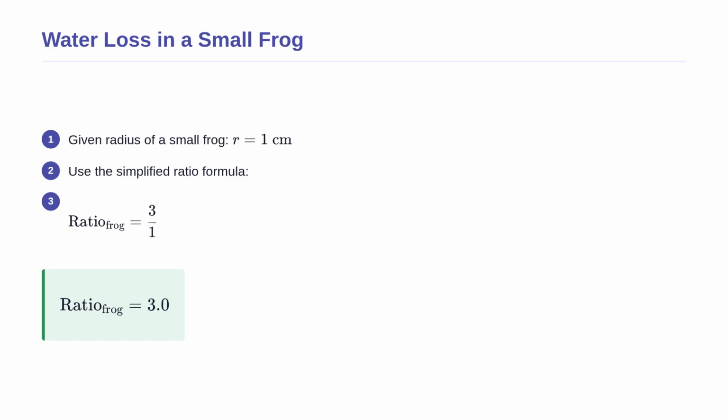We substitute the frog's radius, which is 1, into the denominator. 3 divided by 1 gives us a final ratio of 3.0. This is a very high number. Physically, it means the frog has a massive amount of skin exposed to the dry air compared to the tiny drop of water stored inside its body. If it stays in the sun, it will die quickly.